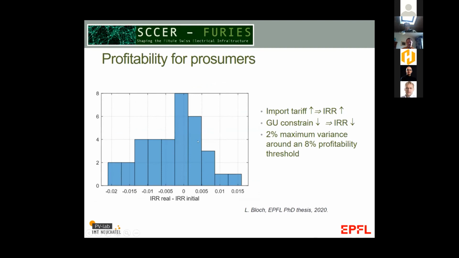One of the questions is, of course, that people investing earlier will see the tariff change. So basically the profitability of the system will change.